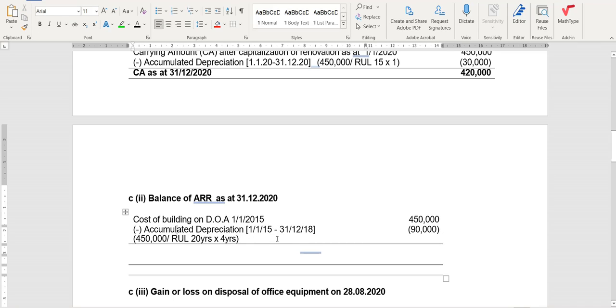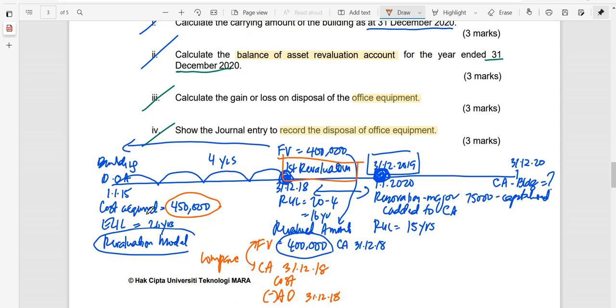Accumulated depreciation here will be for 4 years, from the date of acquisition, DOA, up until date of revaluation. I write there as DOR. So it was 450,000, the cost, divided by remaining useful life 20 years. 20 years is this 20 years.